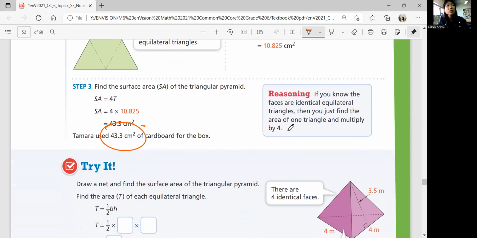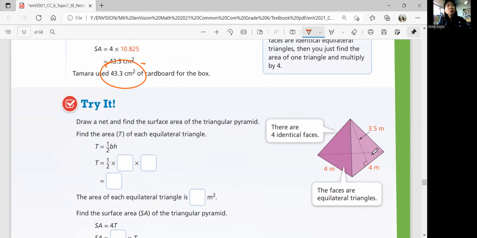So see if you can do the triad. The faces are equilateral triangles and there are 4 identical faces. They just want to make sure that you know them. So you find the area of one triangle and then multiply that by 4.